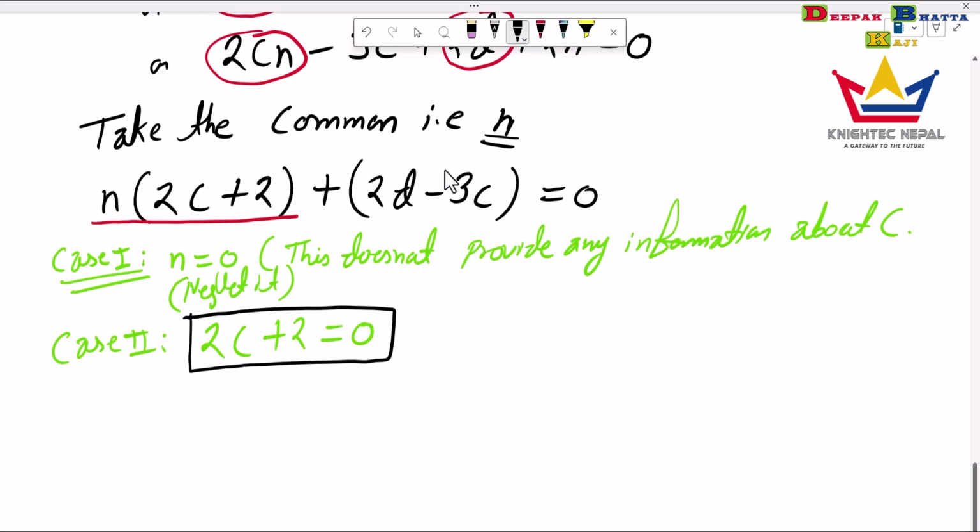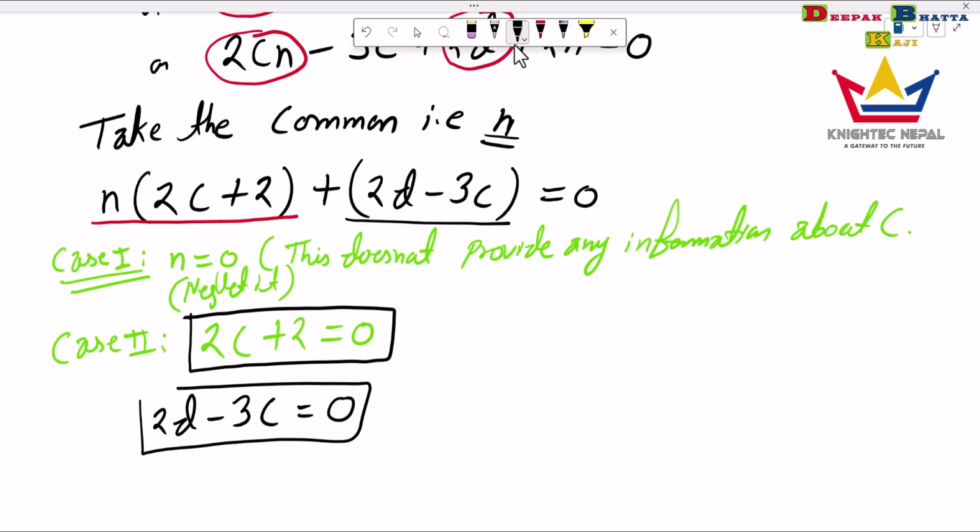Now for this part, from this part 2d minus 3C equals to 0. So we will use this as well. So make it equation 1 and make this equation 2, right?